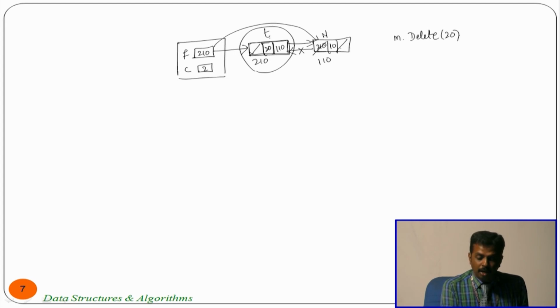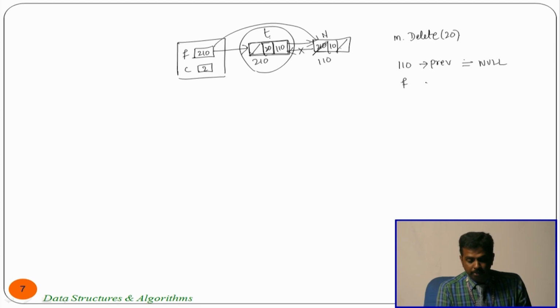So, I have to make this previous, the 1/10 previous, updated with null. So, the modification I have to do is the 1/10 previous is equal to null, and then first equal to, instead of 210, it needs to be updated with 110. So 110 like that.